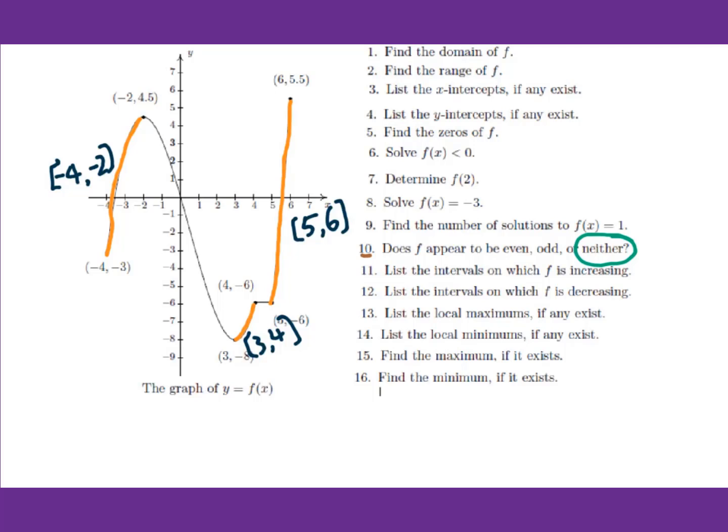Therefore, for number 11, we got -4 to -2, 3 to 4, and 5 to 6. For number 12, list the intervals on which f is decreasing. On the graph, you need to find the parts which are going down. You can see this part of the graph.